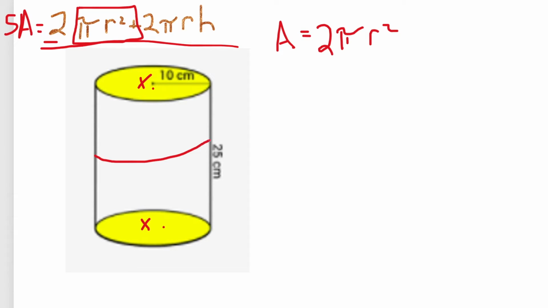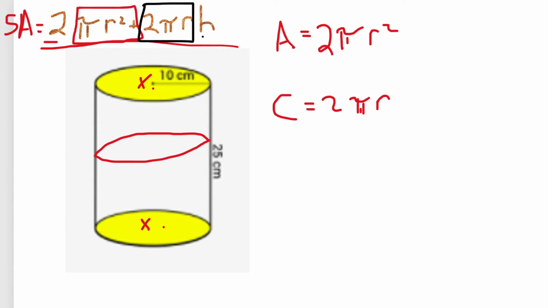So I'm going to take the surface area all around the outside. And so what am I actually doing? Well, I am doing the circumference of the circle, which is 2 pi r. If we look up here, that is the formula for circumference of a circle.